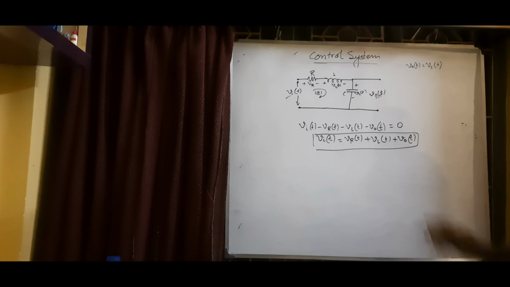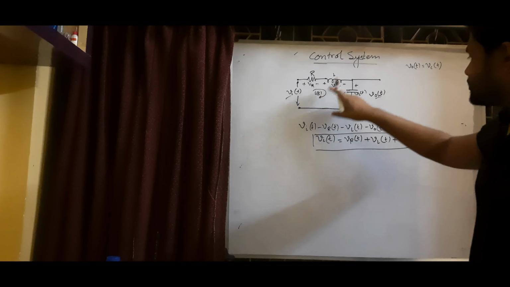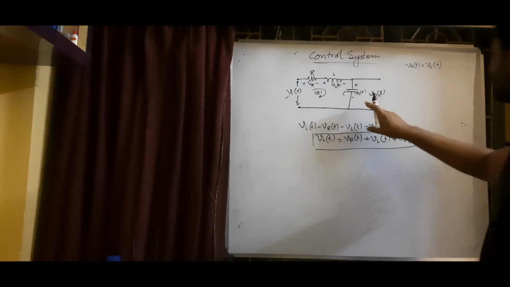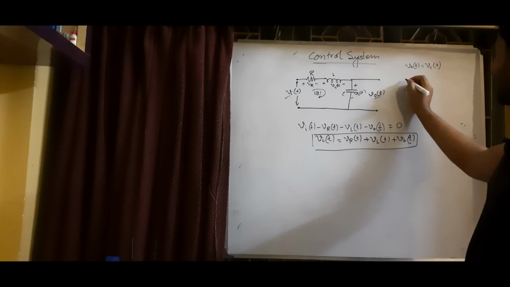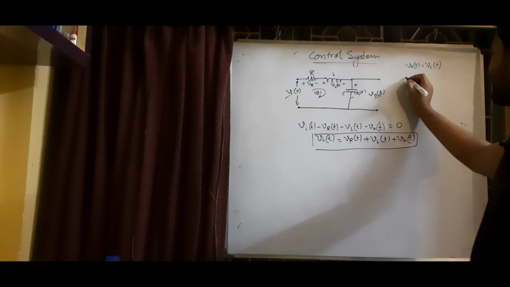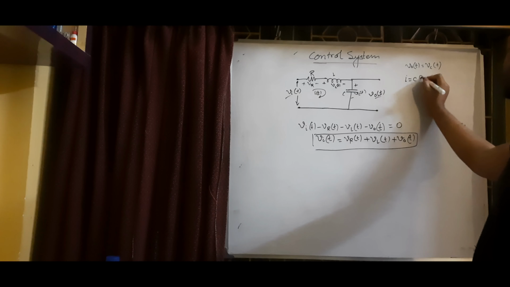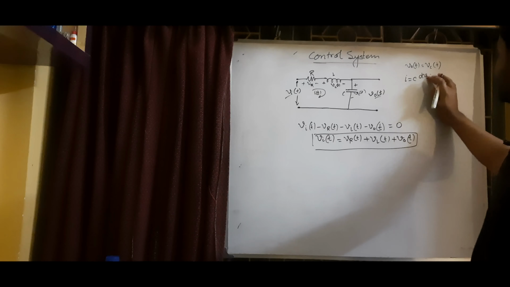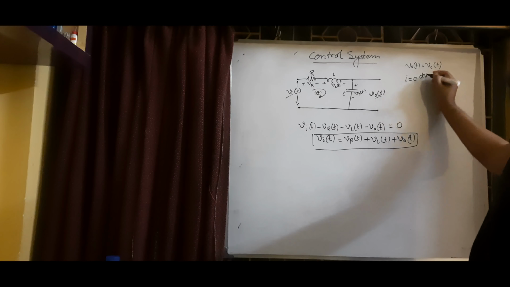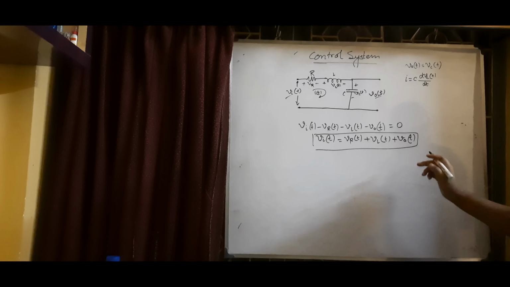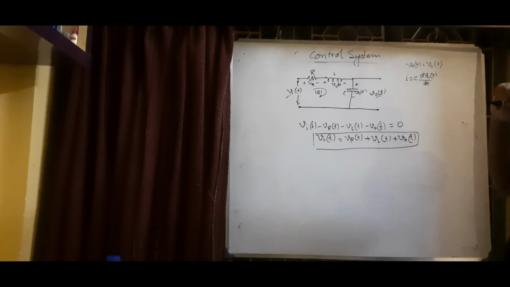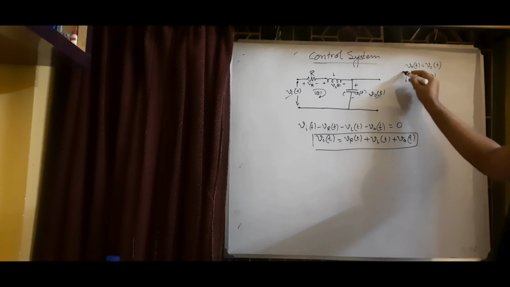Now, if the current through the capacitor is i(t), then what will be the voltage-current relationship of the capacitor? We know that the voltage-current relationship of a capacitor is i equals C dv_C(t)/dt.